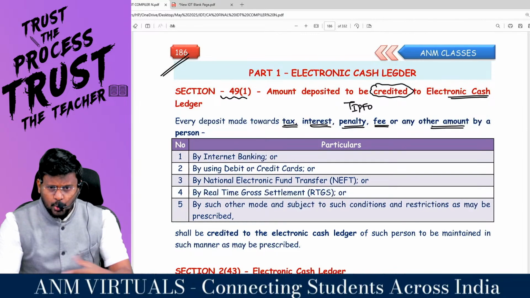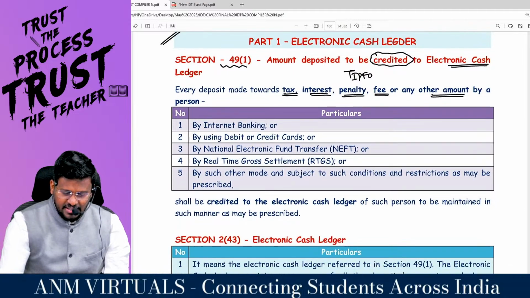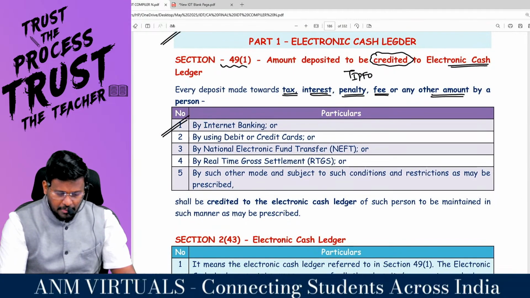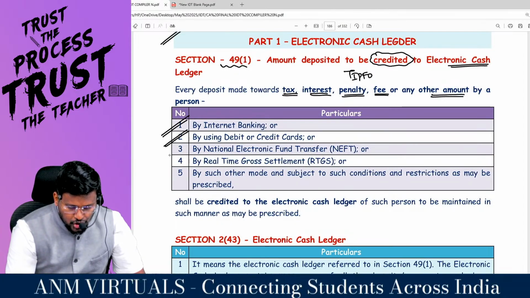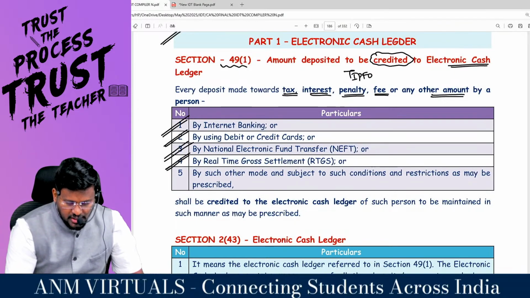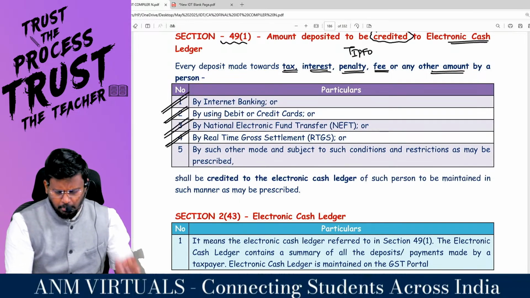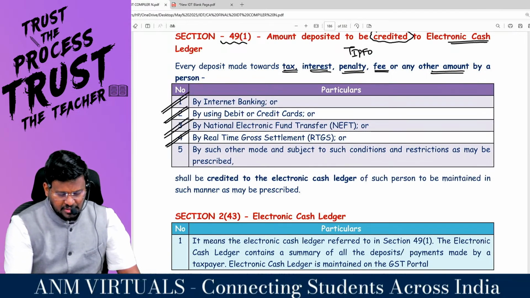So I am paying to the government for the purpose of TIP F by a person, either by way of internet banking, or by using a debit card, credit card, or National Electronic Fund Transfer, that is NEFT, or RTGS, that is real-time gross settlement, or such other mode, and subject to such condition and restriction as may be prescribed.